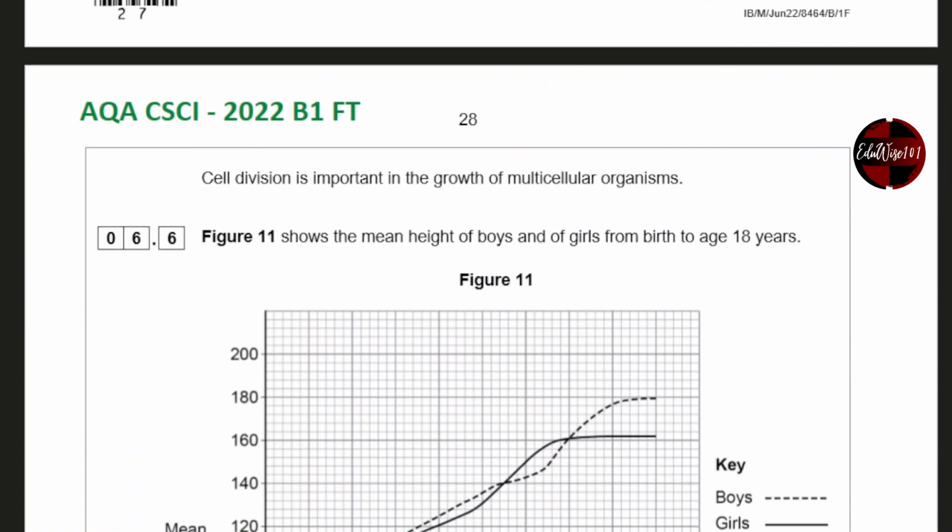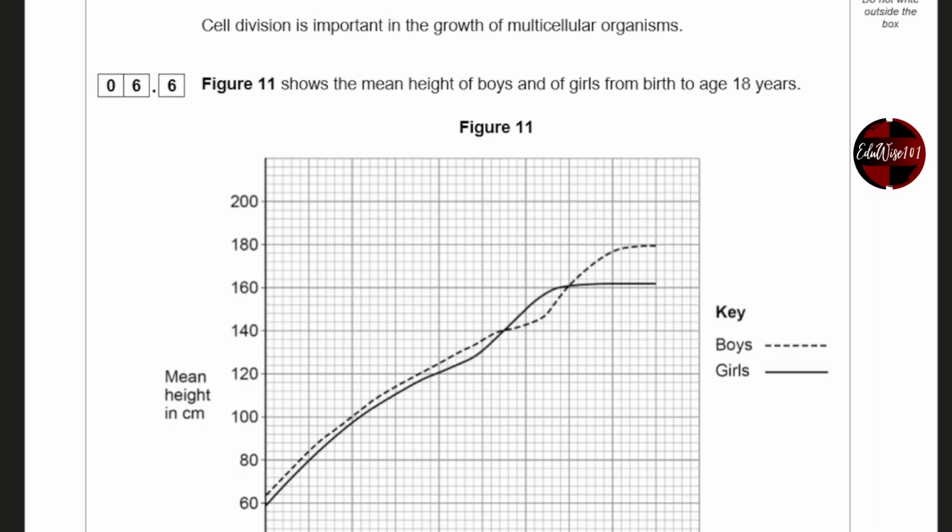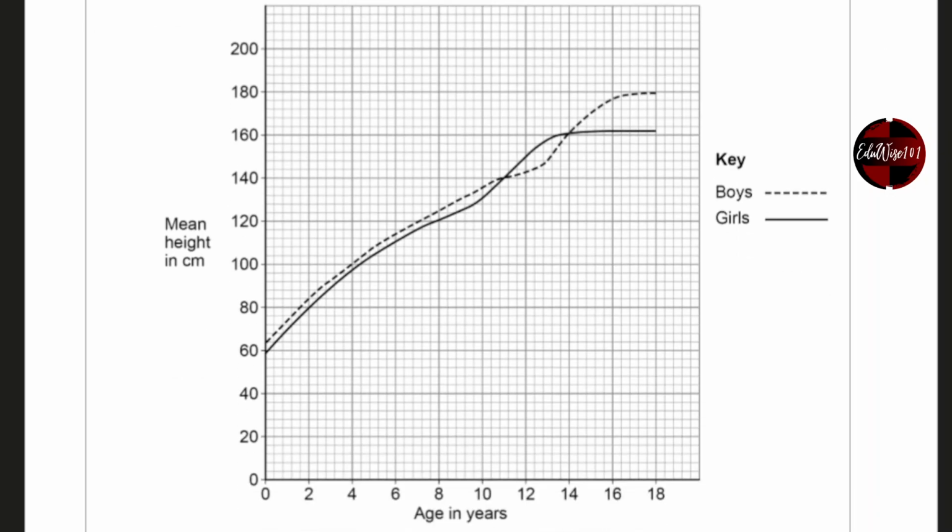Next part, cell division is important for the growth of multicellular organisms. Figure 11 shows the mean height of boys and of girls from birth to age 18 years old. So the mean height at age 0, the mean height for girls is slightly lower and for boys is slightly higher. So 20 for 5 boxes.